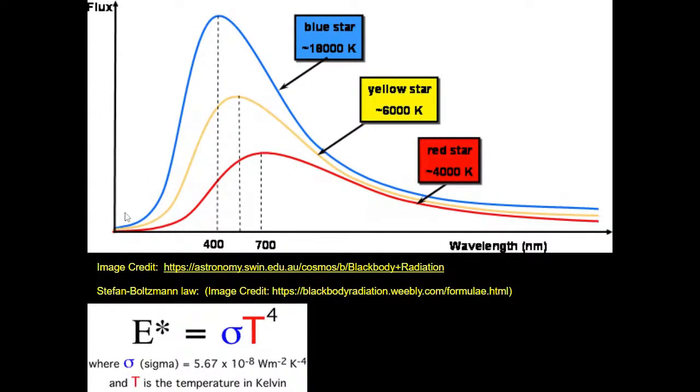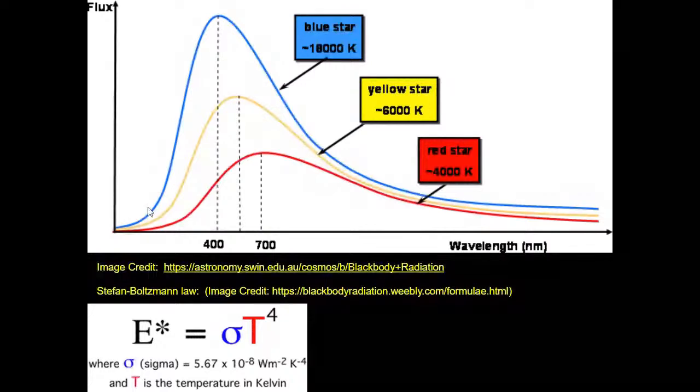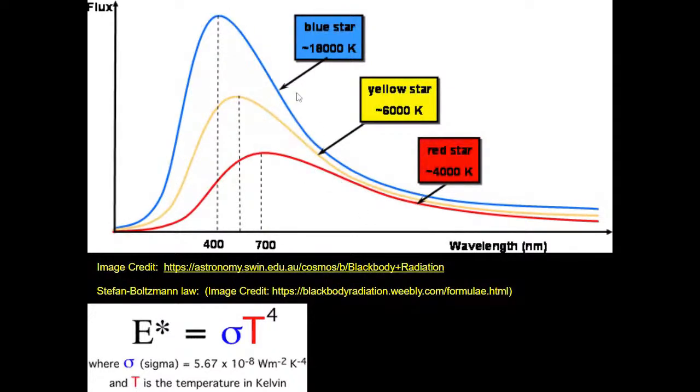And by studying the intensity of the black body radiation emanating from the photosphere over a range of wavelengths, one can find out the temperature of the black body radiation.